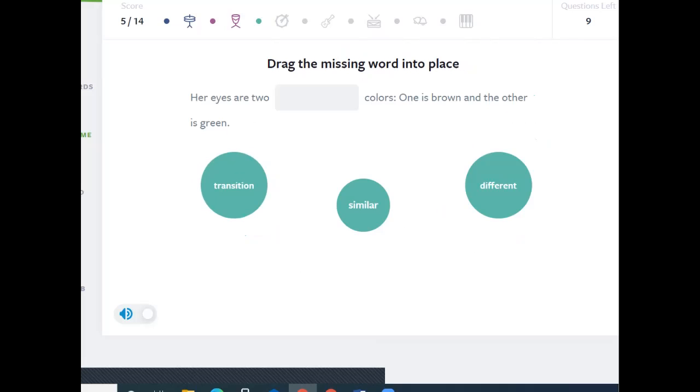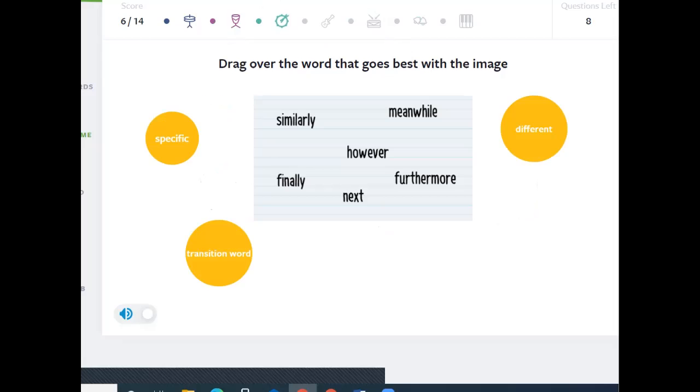I know that brown is not the same as green. I know that the word similar is talking about things that are the same. I know that a transition word is words. Oh, it must be different. Not the same as another thing, or unlike. So brown and green are not alike. So I'm going to say her eyes are two different colors. Oh, added our other instrument.